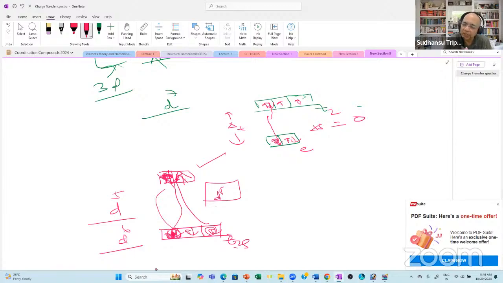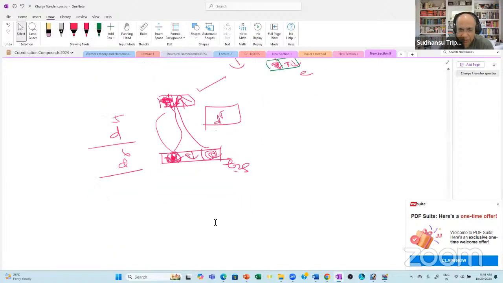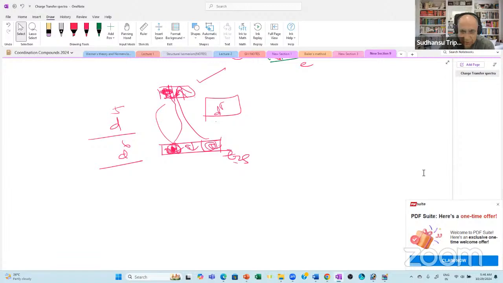Laporte selection rule is forbidden, but there is a partial breakdown of the Laporte selection rule, for which d-d transition is occurring. But between the two, if someone has a little more intense color, then it may be due to allowedness of the spin. Delta S might be 0. In some cases, some example I have given, you can see. So with this, we conclude this part.